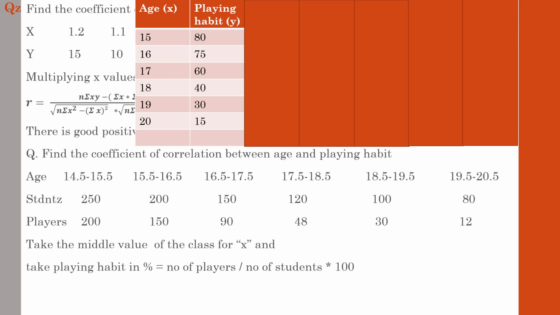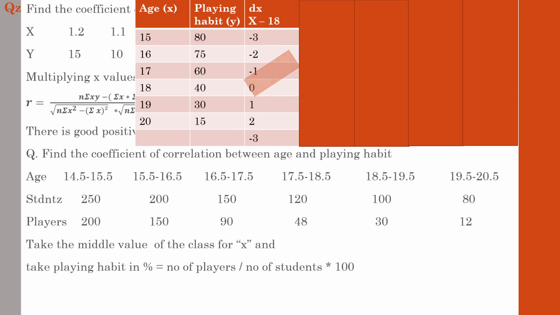So by using that equation, you will get the y value: 80, 75, 60, 40, 30 and 15. So once you got x and y, and since there is no specification regarding the particular method to be followed, you can easily use any method of computation.